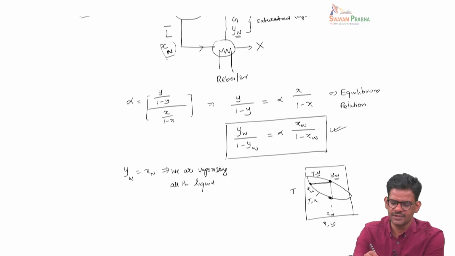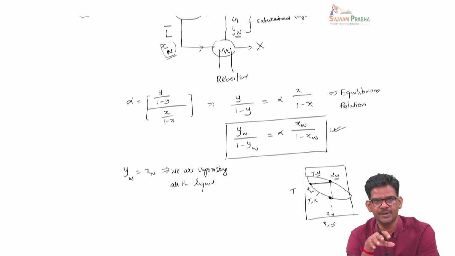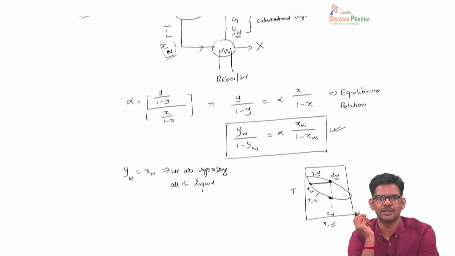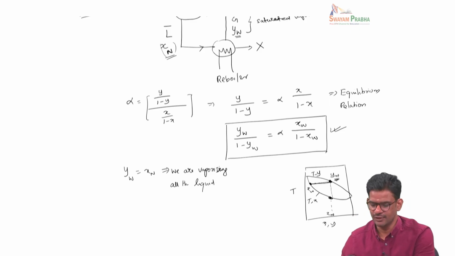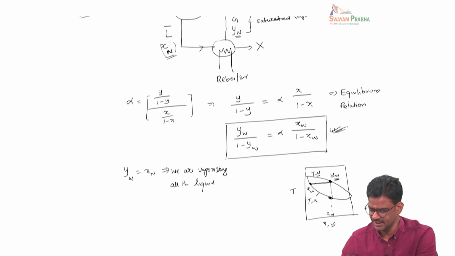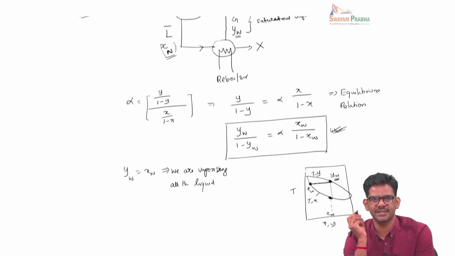The composition of the saturated liquid entering the reboiler at Xn, and this entire liquid is vaporized up to the dew point, and the vapor will have a composition of YW, and XW and YW are related by this relative volatility. Corresponding to YW, there is an equilibrium composition that is XW.